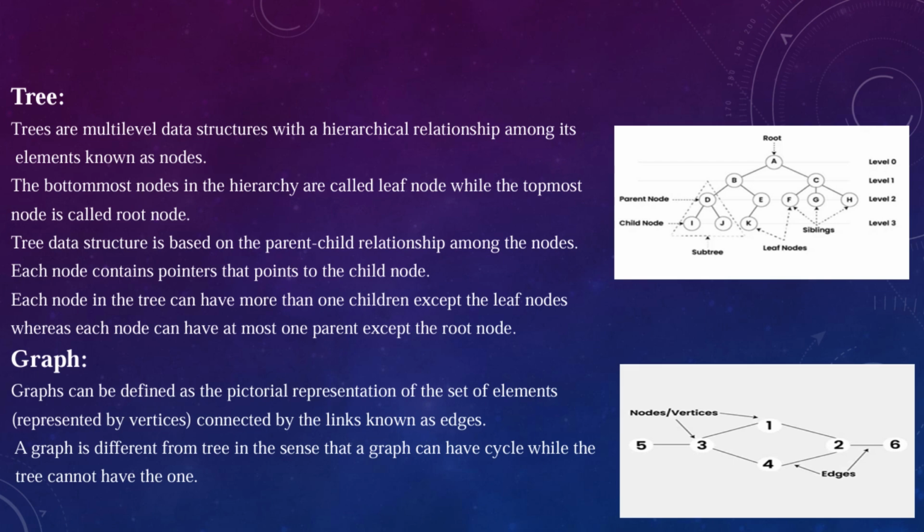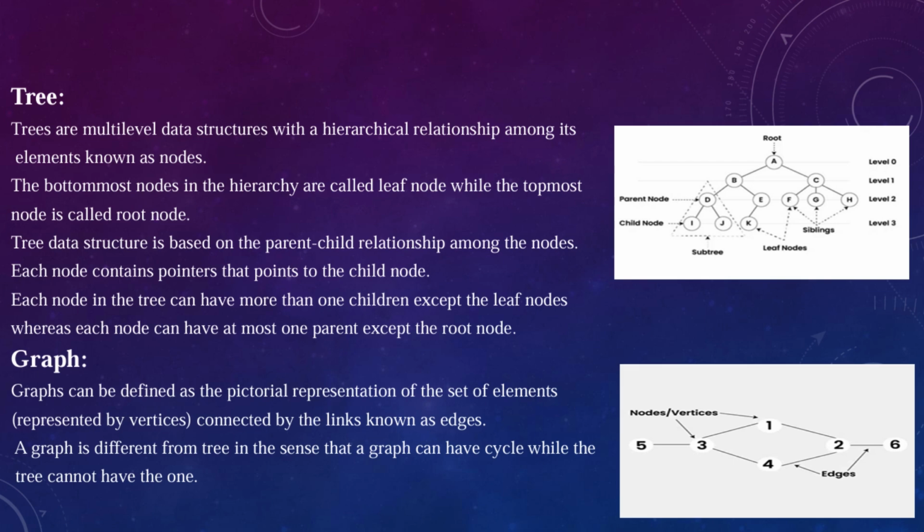Tree data structure is based on a parent-child relationship among the nodes. Each node contains pointers that point to the child nodes. Each node in the tree can have more than one child except the leaf node, whereas each node can have at most one parent except the root node.